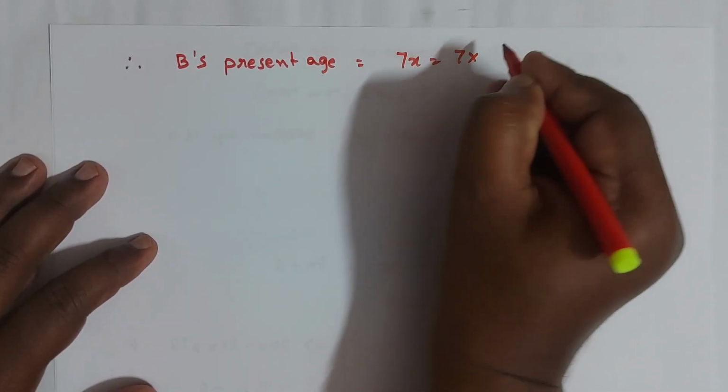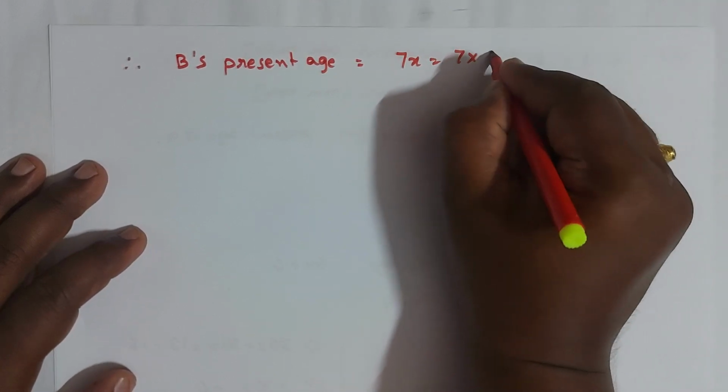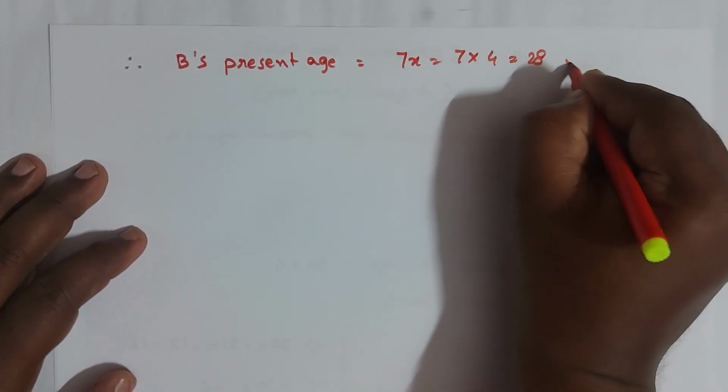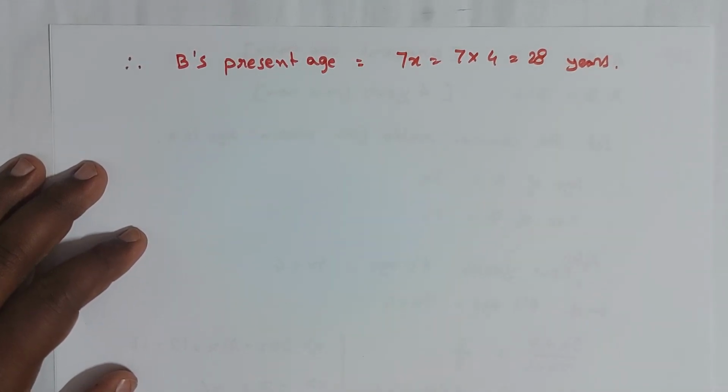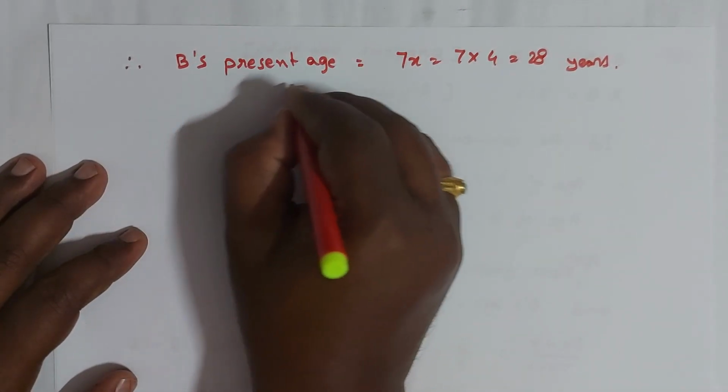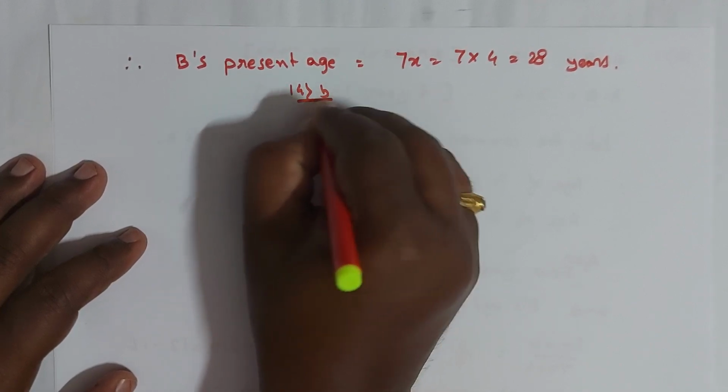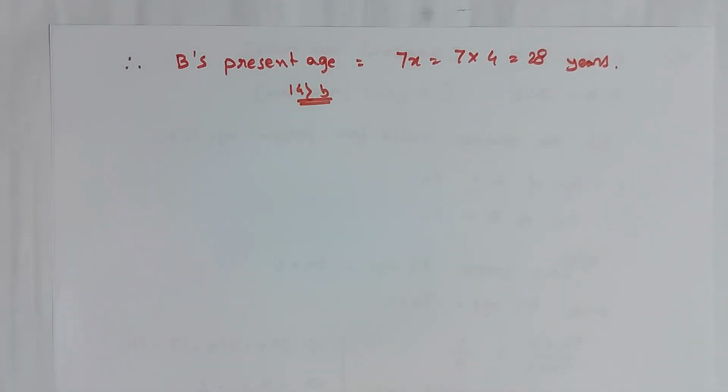This is 7 into the value of x, which is 4, so this is 28 years. Okay, 28 years in option B. So question number 14, option B is our correct answer.